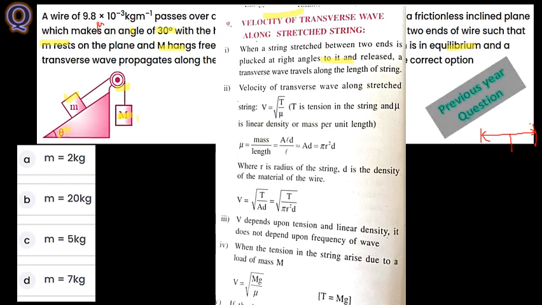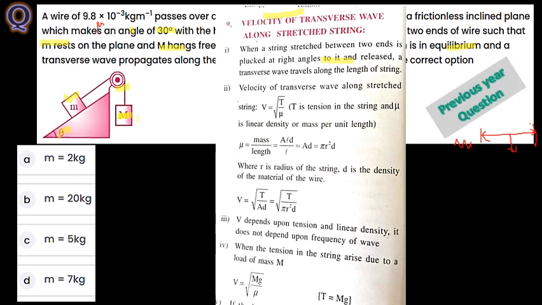Pluck it down and release it, so that it vibrates up and down. Once you release it, it produces transverse waves along the length of the string.